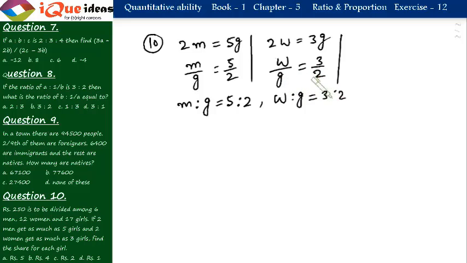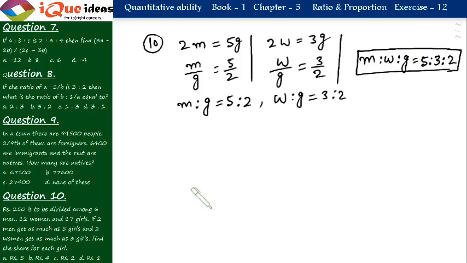Now we can combine these two ratios because G is common and the value of G is the same in both cases. So we have M is to W is to G equal to 5 is to 3 is to 2. This is the ratio of shares of a man, a woman and a girl.